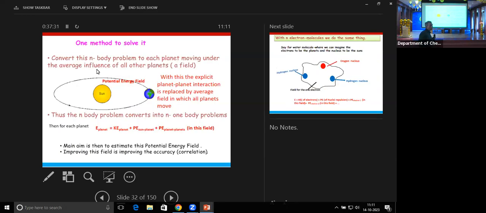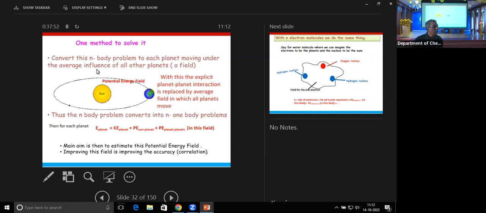So one method to solve this is what? Trying to do the n-body problem is very difficult. That means take all the planets and do it at the same time. So what we do, we say convert this n-body problem to each planet moving under the average influence of all other planets, and we call it a field.